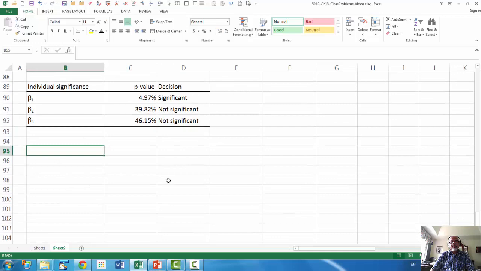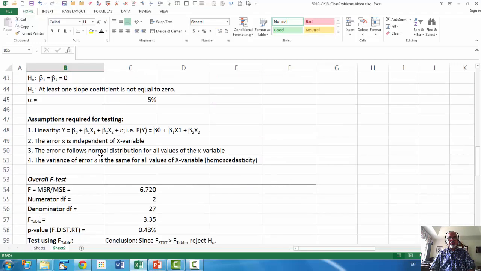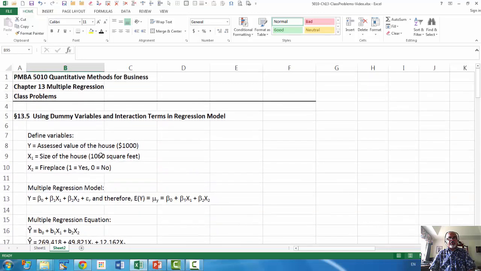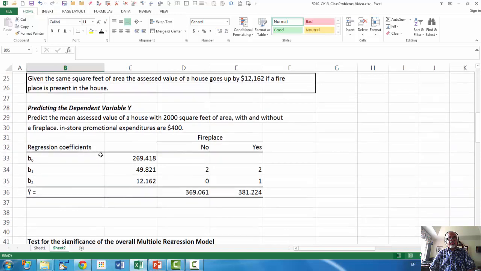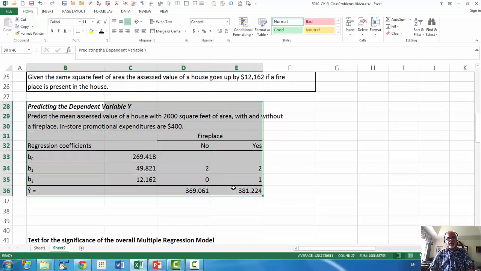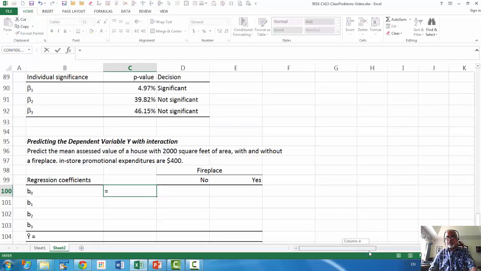Now, if you want to come up with estimates in the case of interaction effect, let's go back to the previous example, the first example we saw, predicting Y. Okay, first let's assemble the coefficients.